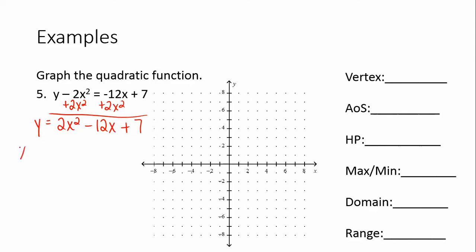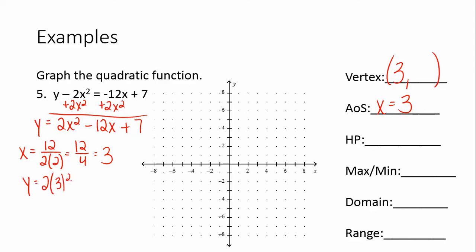So for the axis of symmetry, we have x equals negative b over 2a. That's 12 over 4, or 3. So our axis of symmetry is x equals 3. Remember, it's also the x coordinate of the vertex. Plugging the 3 into the original equation, we want to use this one here where we have it solved for y. 2 times 3 squared minus 12 times 3 plus 7.